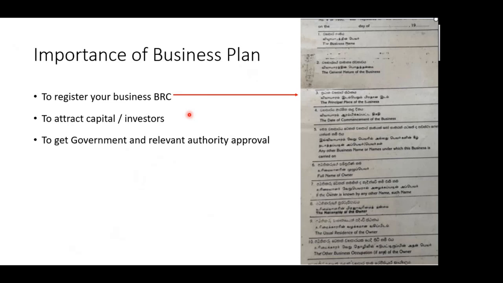Thirdly, to get the government authorities' approval. So other than just registering the business with a government body like the divisional secretariat, sometimes we have to get approval from government bodies like this.